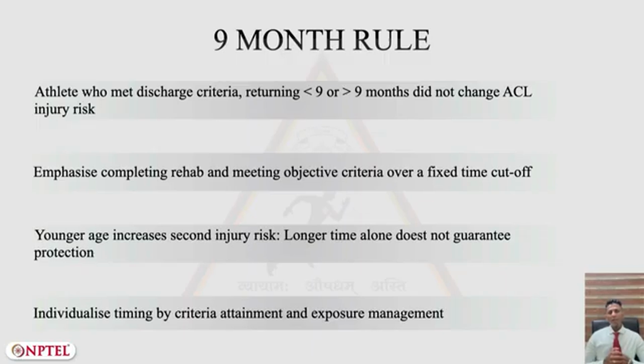Younger athletes, in particular, have higher rates of second injury regardless of timeline. Therefore, the emphasis should shift away from arbitrary time points to completion of rehabilitation milestones and functional testing criteria.